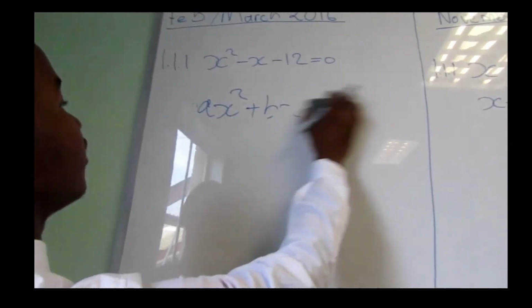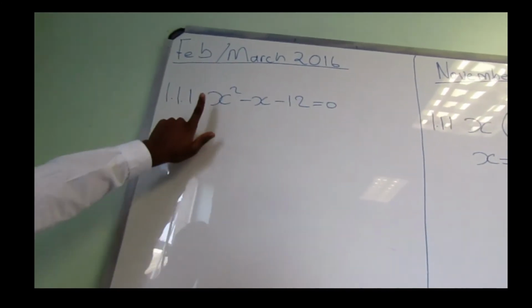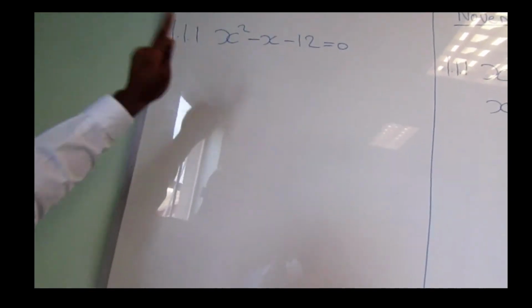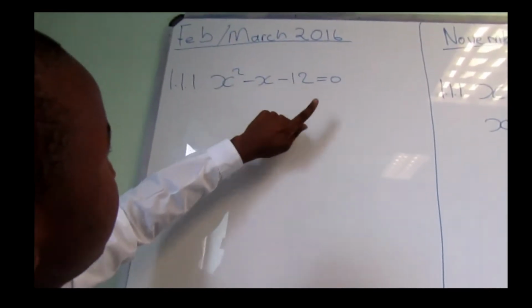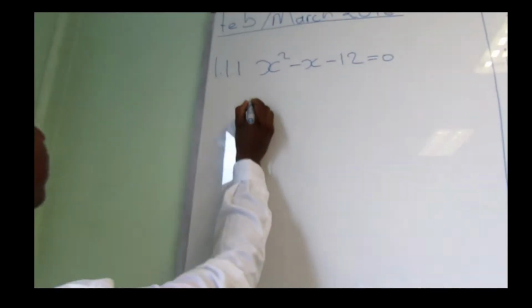Then when we factorize, how do we factorize this? We look at the coefficient of x squared. The coefficient of x squared is 1. Then the coefficient of c is negative 12. The factors of 1 are 1 times 1.